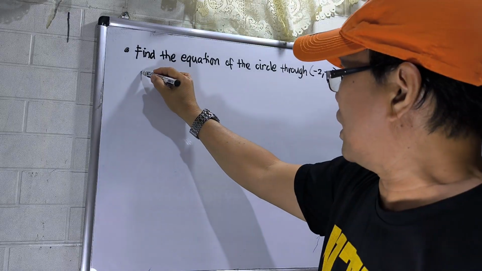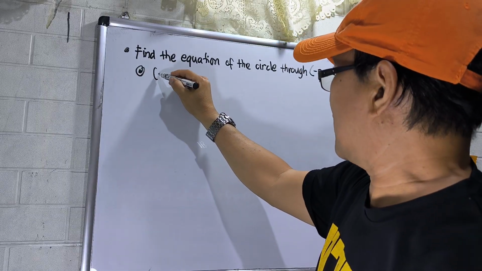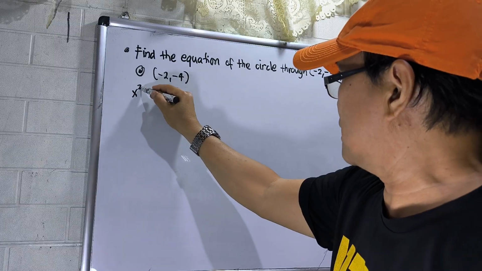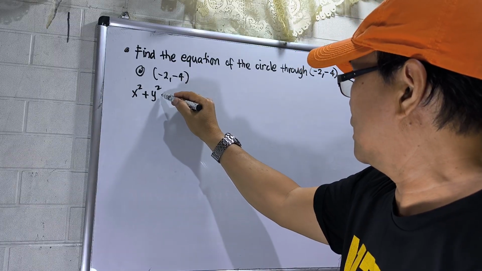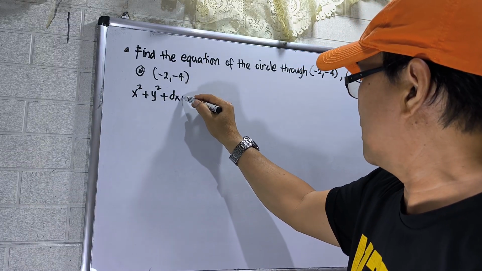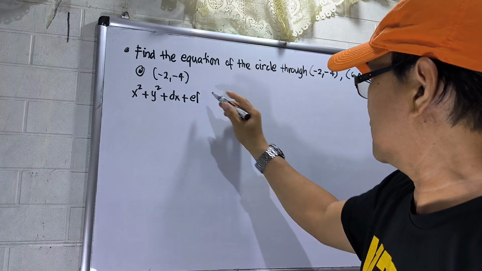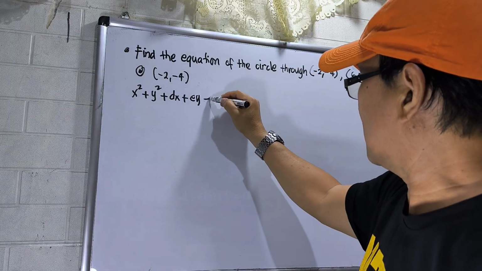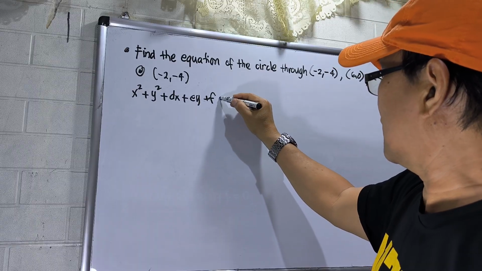So I have point 1 at negative 2 and negative 4. This is x squared plus y squared plus dx plus ey, sorry, ey not f, ey, and then plus f equals 0.